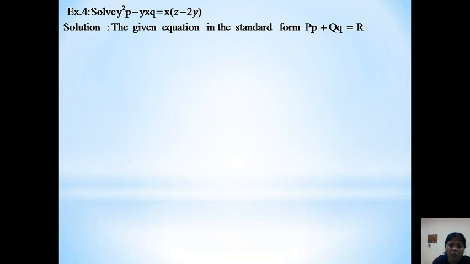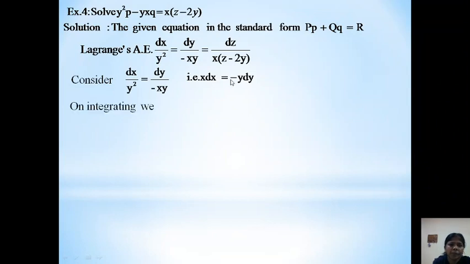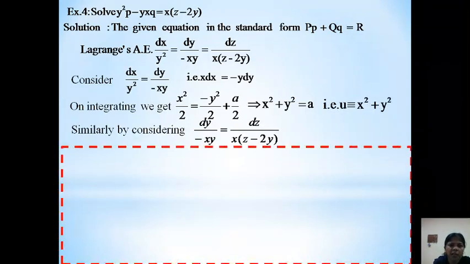So let us see another way of solving. Here we have the equation, right? We can consider the first two fractions, integrate this, we get the solution in this way. Similarly, can I consider second and third? Yes. Is there any possibility of considering first and third fraction? So the answer is no, because here y is in addition or subtraction.